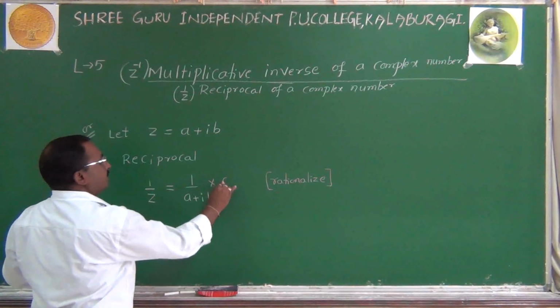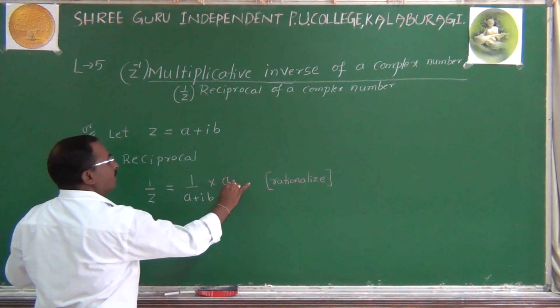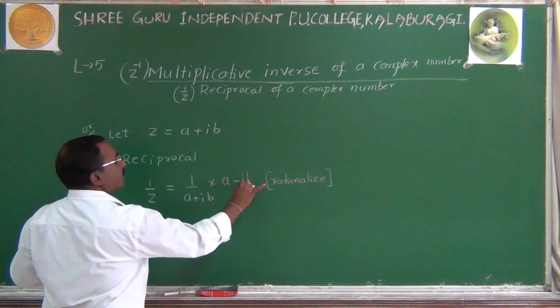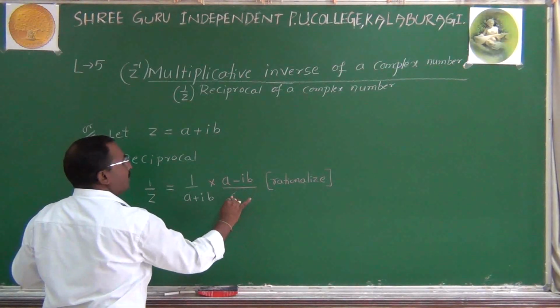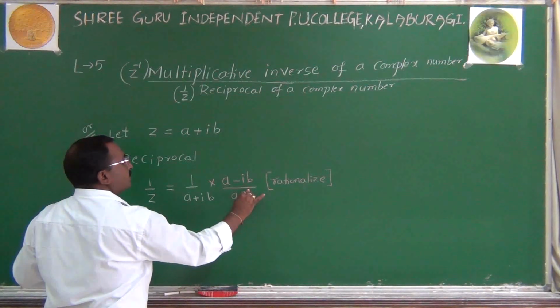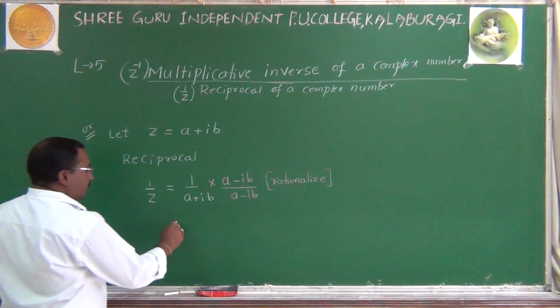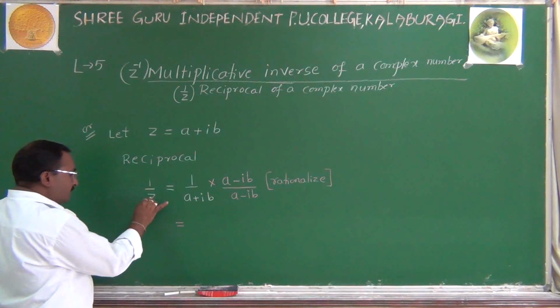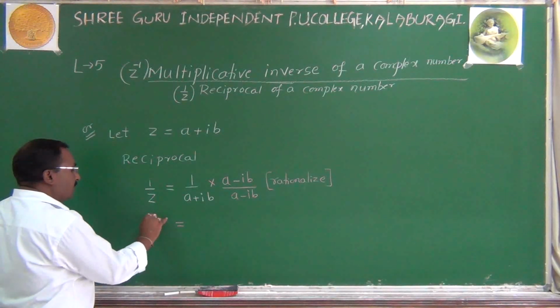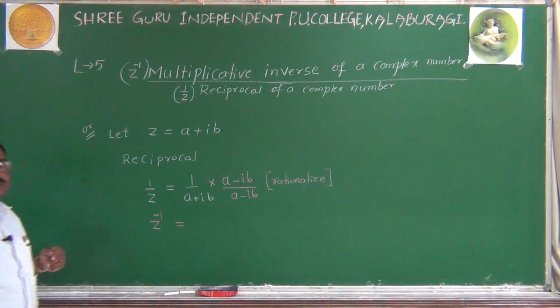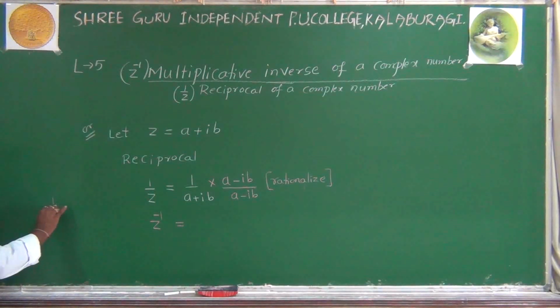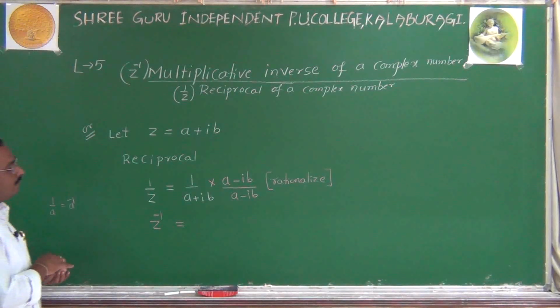That is, a plus ib becomes a minus ib divided by a minus ib. 1 by z means what? Z multiplicative inverse. Suppose 1 by a is there, this can be written a power inverse, that is 1 by z.